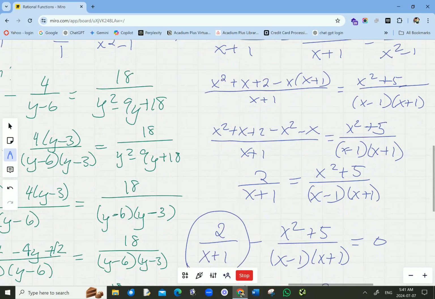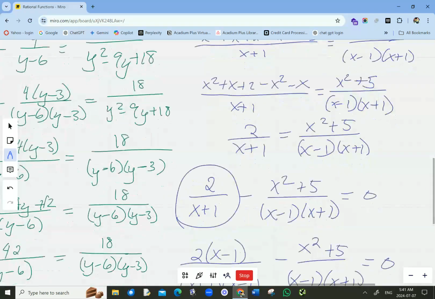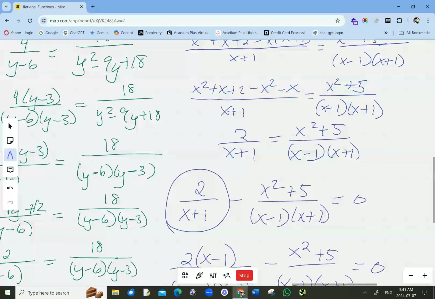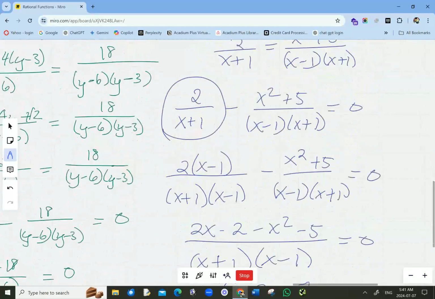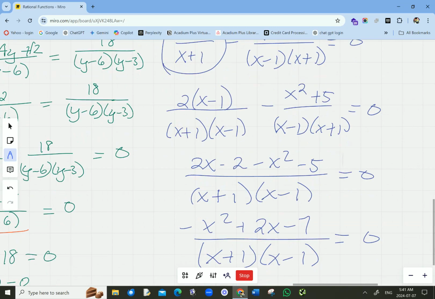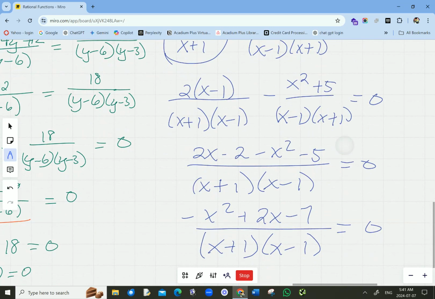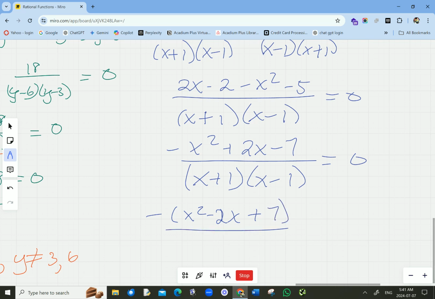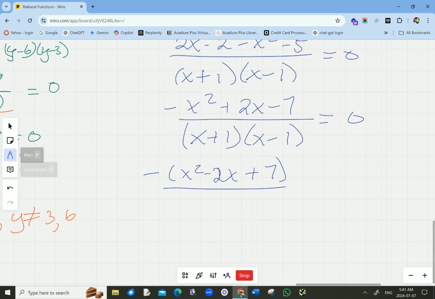Let's have a look. I just want to make sure we didn't make any mistakes along the way. Doesn't look like we have. Alright. So we're going to have to use our quadratic formula for the numerator to find the values of x.